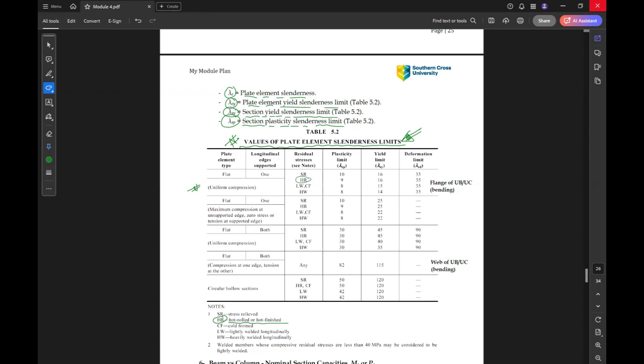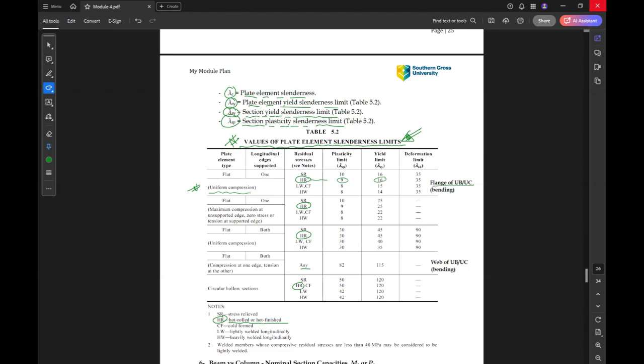So if the element is under uniform compression, lambda EP is 9 and lambda EY is 16.